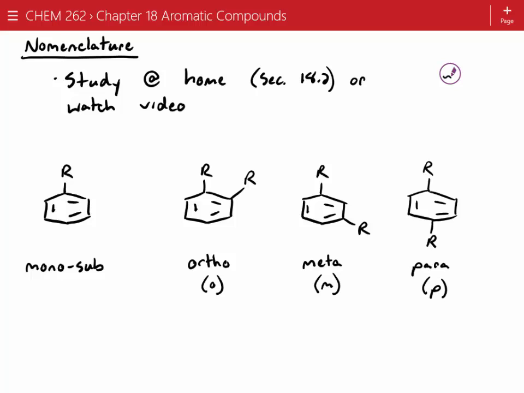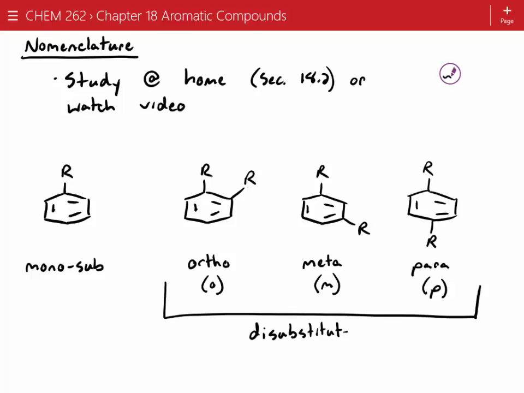So ortho, meta, para simply refers to the positioning for these di-substituted rings. So di-substituted benzene. So these are some new terms we haven't seen.